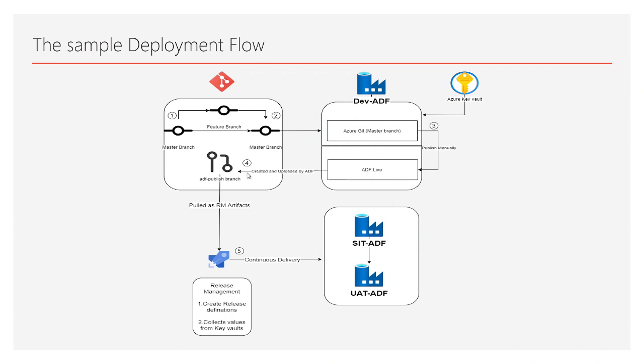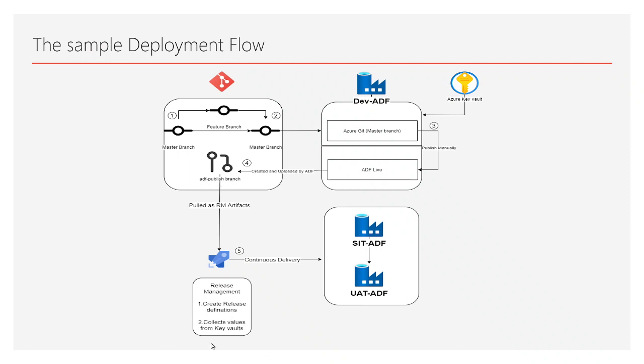After that, it will create the ARM templates and update the ADF publish branch. So another branch will be generated, known as adf_publish, and all the ARM templates will be stored inside this ADF publish branch.